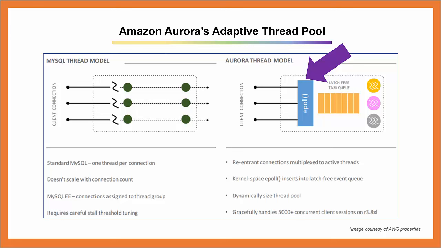While awaiting that commit, the thread can be repurposed and let go to do other work, and have other threads hang around to wait for the acknowledgement of the commits when they happen. This helps threading get the most out of what it's already allocated. This means Amazon Aurora can gracefully handle 5,000 plus concurrent client sessions on the largest Amazon Aurora instance, R3-8XL.